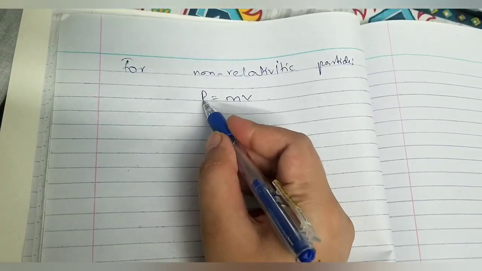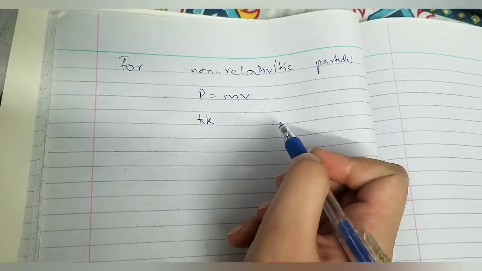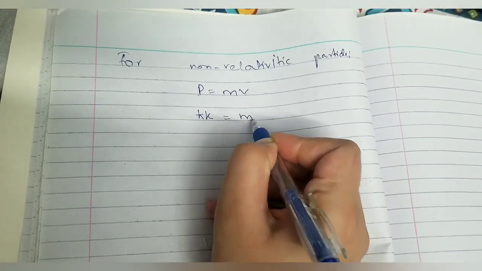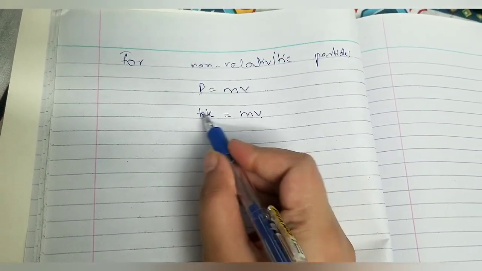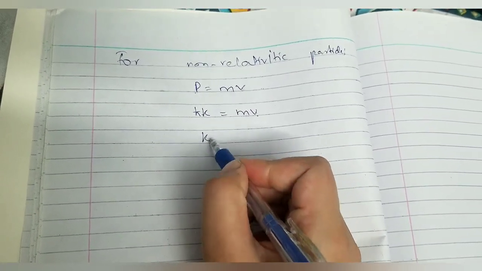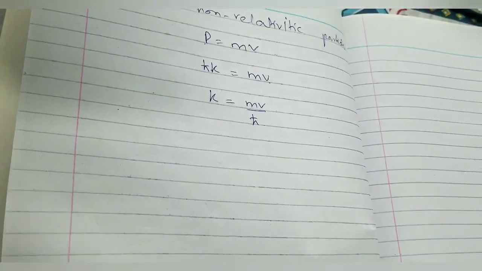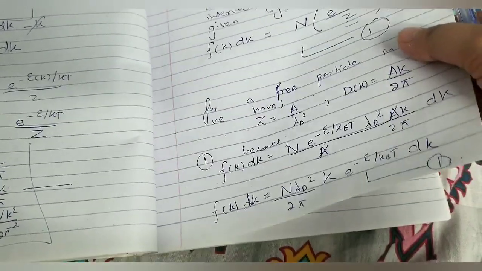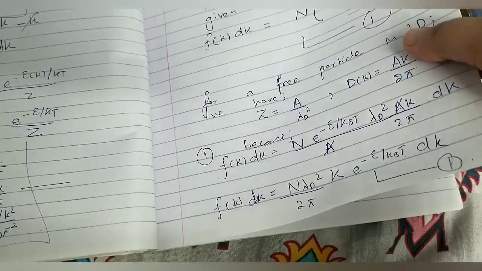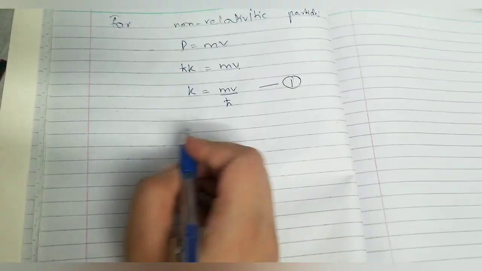We also know that p equals h cut k in quantum mechanics. So that is equal to mv, and we want to find the value of k, that would be mv by h cut. We simply have to put the value of k from this equation into an equation that I'll tell you, but this is the expression of k that will help us convert.